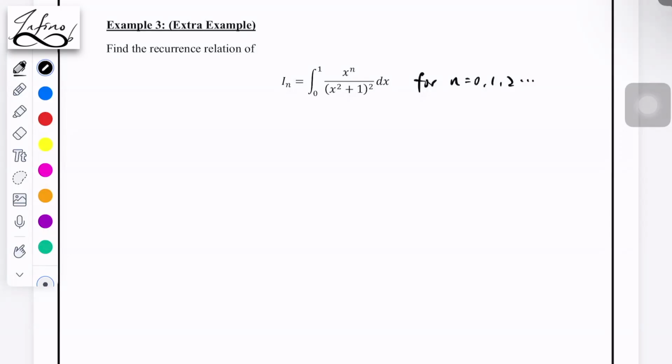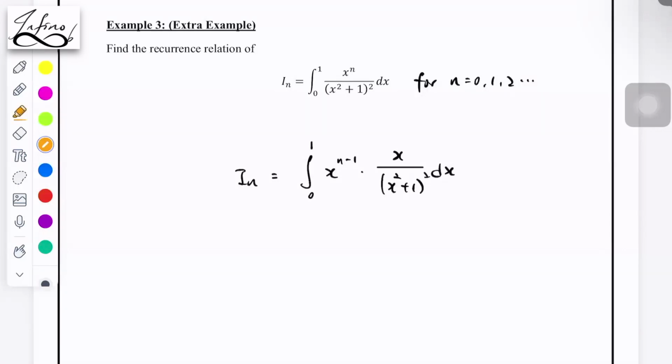If you have watched my first example, then we just simply apply the standard integration by parts. We split I_n into the integral from 0 to 1 of x to the power n minus 1 times x over (x squared plus 1) squared dx.